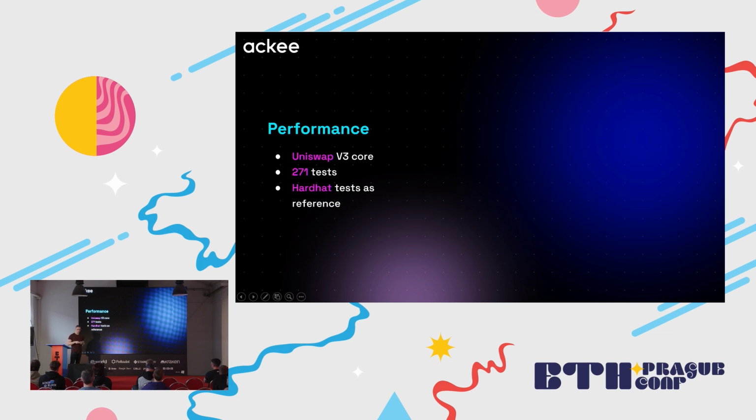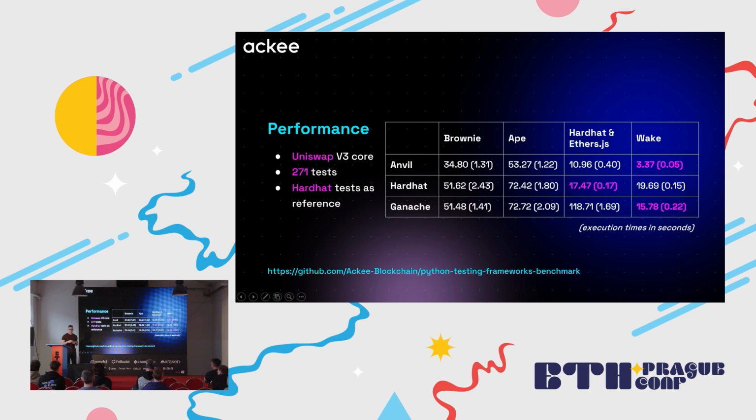And we have re-implemented those tests in Ape, Brownie, and Wake. We've also used different testing backends, basically development chains, which are Anvil, Hardhat, and Ganache. Ganache is unfortunately discontinued, but we still kept it for reference.